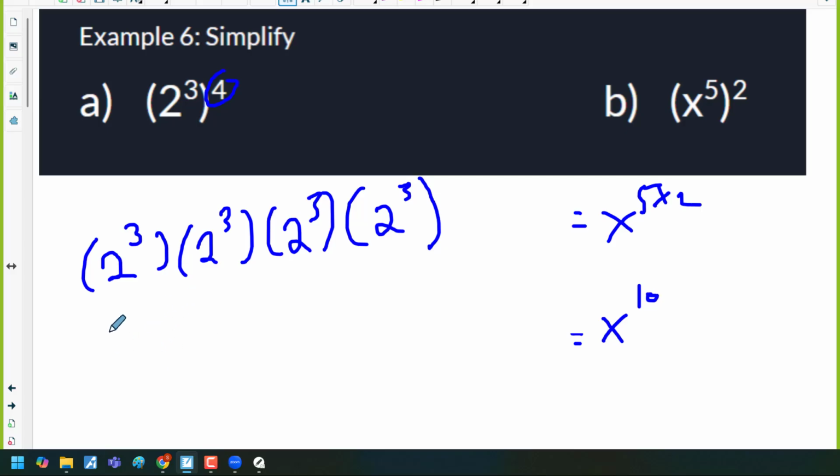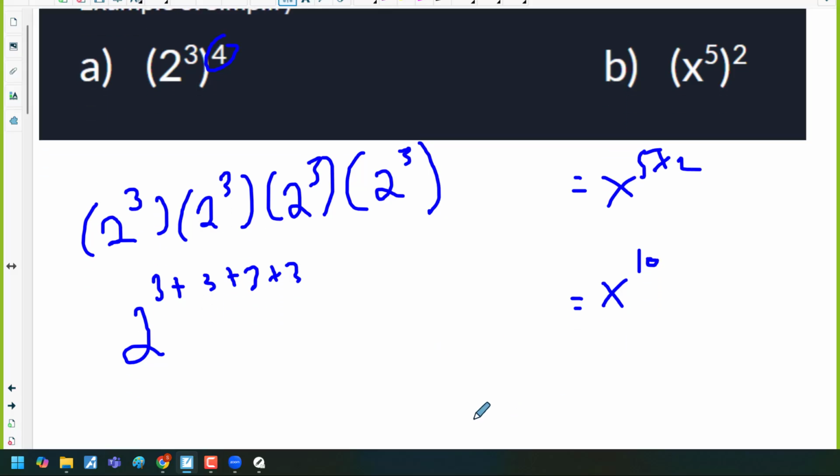And if you expand this further, we know that for multiplying exponents, we can just add the numbers. So it's going to be 3 plus 3 plus 3 plus 3. But something that you should have learned a really long time ago, repeated addition is multiplication. That is the definition of multiplication.